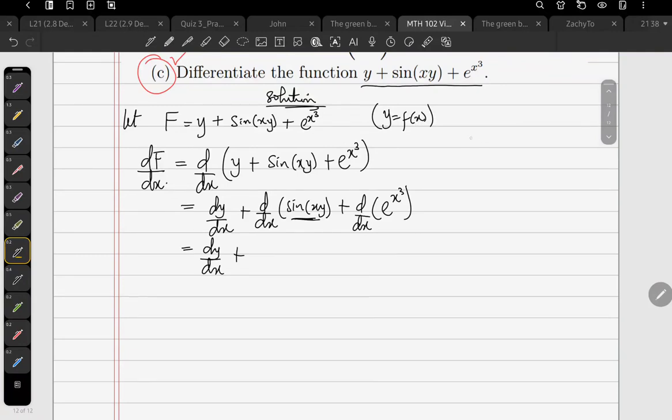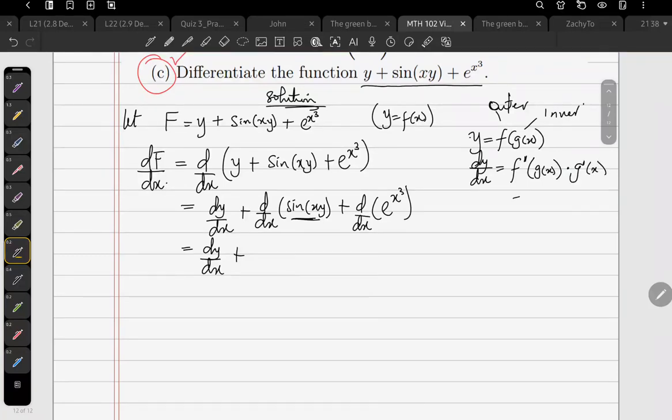That is, if y equals f of g of x, f is the outer function and g is the inner function, then dy/dx is equal to f prime, the derivative of the outer one, evaluated at g of x, times the derivative of the inner function.